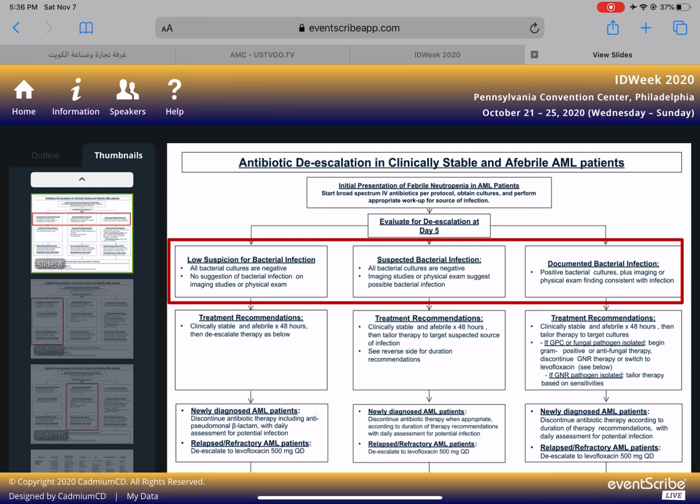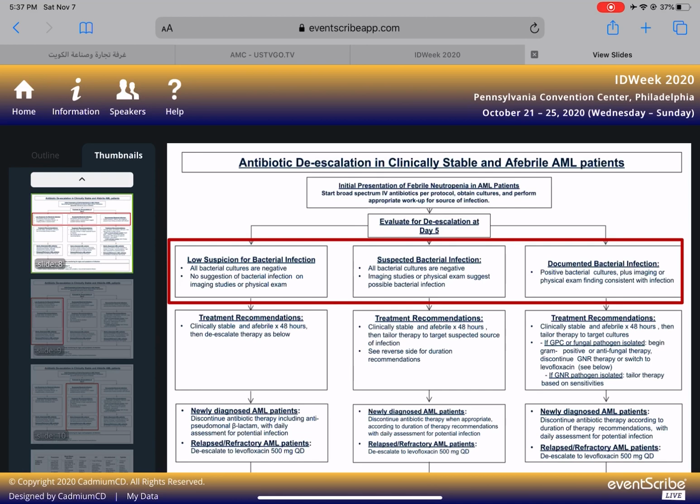So this slide here is actually a little flow diagram of our AML de-escalation guideline, and this sits within a larger document that talks about treating fever neutropenia, both initial treatment and de-escalation of therapy. I'm going to just walk through this really quick, but essentially, just like you would anybody else, if somebody presents with fever and AML, we start broad-spectrum IV antibiotics.